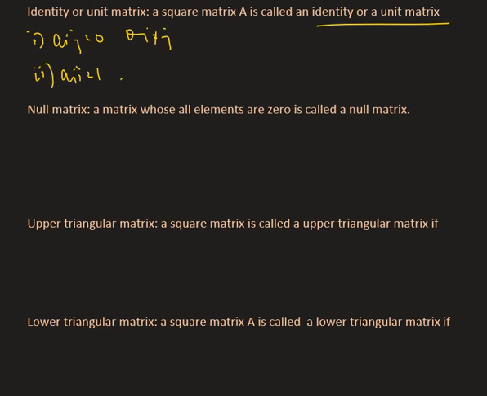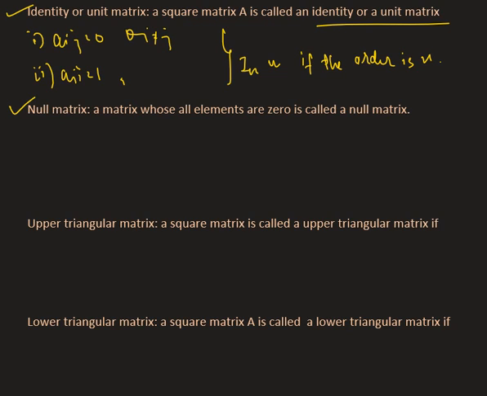That is, it is a special type of scalar matrix where the diagonal elements are all 1. And it is basically denoted as In if the order of the matrix is n.